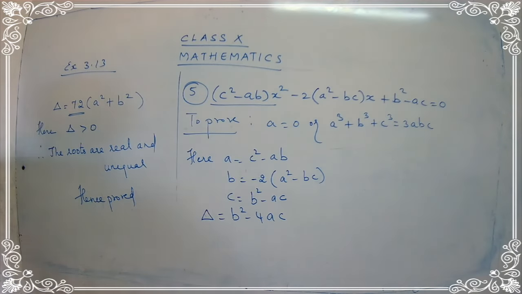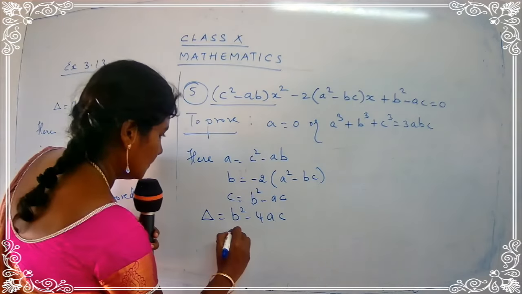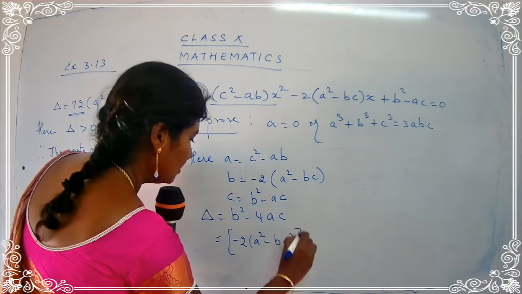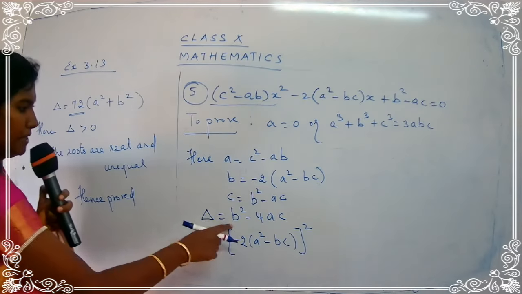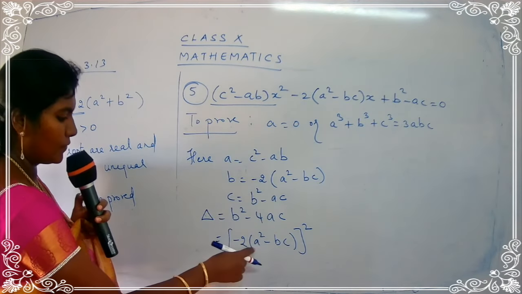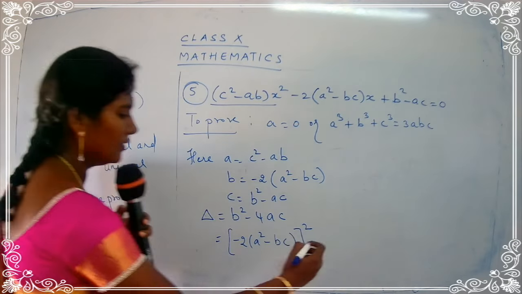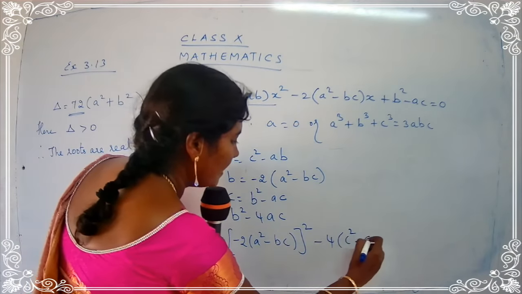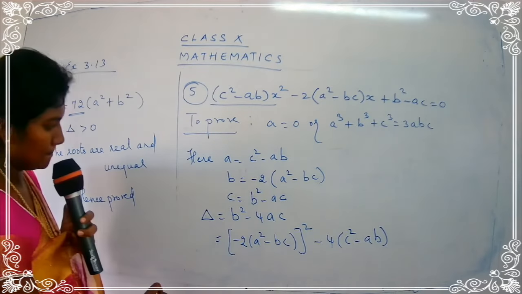So this is equal to minus 2 a square minus bc the whole square, minus 4 into a. What is a? C square minus ab. What is c?